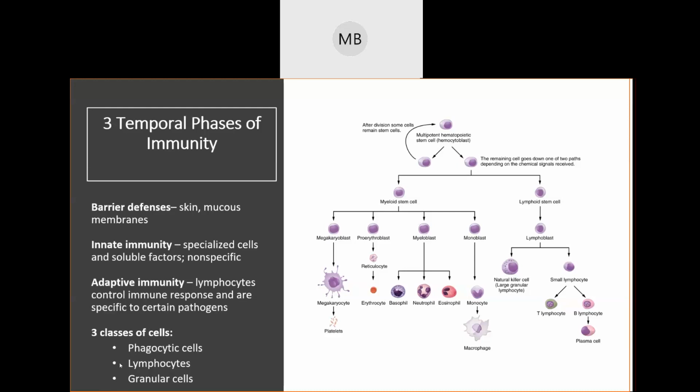I know it is pronounced, like in Greek it is phage. In English we normally say phag, right? So when we are saying a phagocytic cell, cytic is cell, phago means to eat.